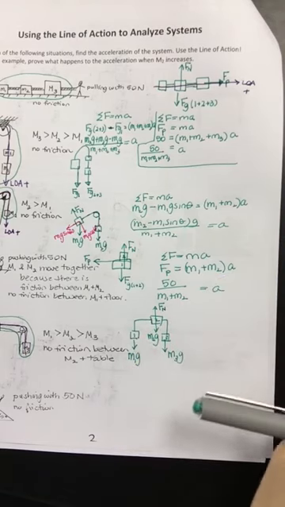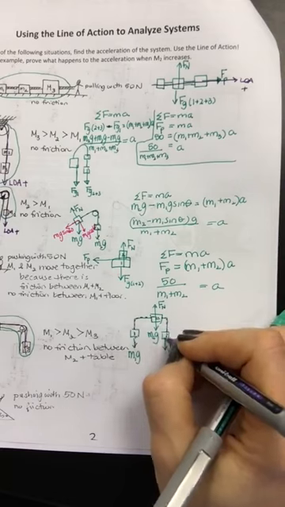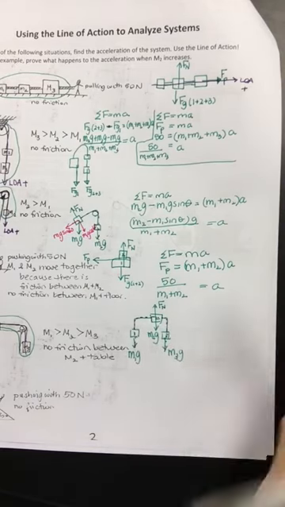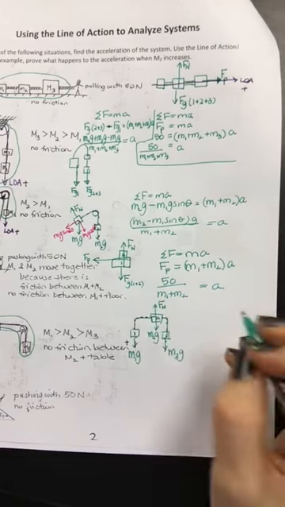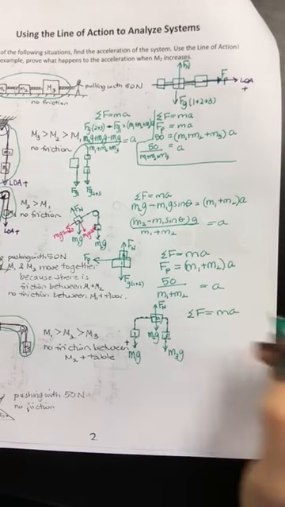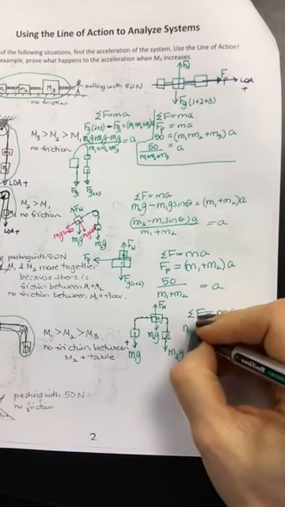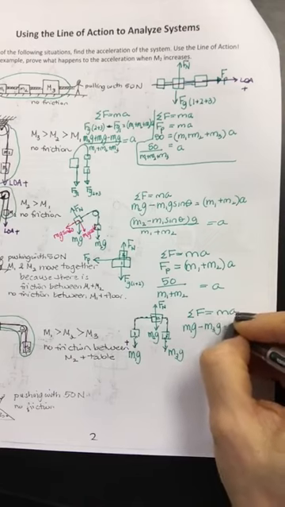There's no friction, and the tensions are internal. But if this is your line of action, like that, and this way is your positive line of action, then these forces are perpendicular. You can ignore them. So for now, anyway, so you've got M1g is positive, M3g is negative.